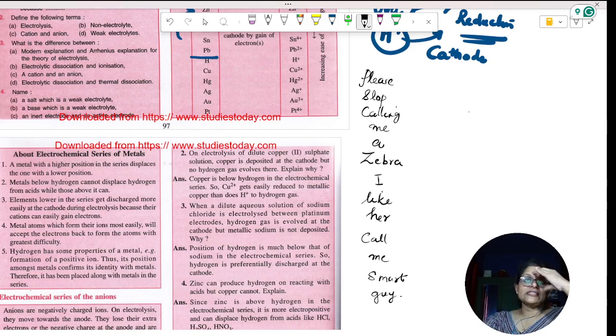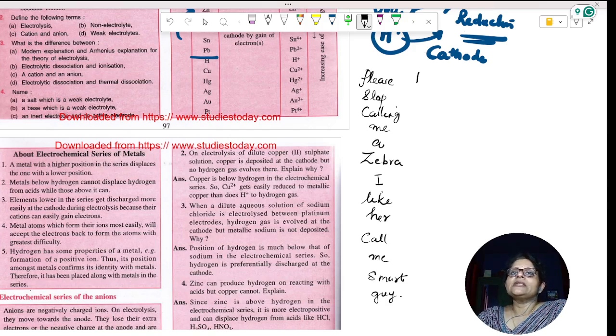In different texts, sometimes sodium comes in a higher position than calcium, and zinc and nickel are given there. We will not be learning about zinc and nickel, so that will be omitted.